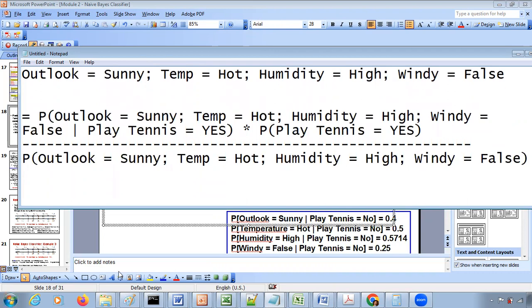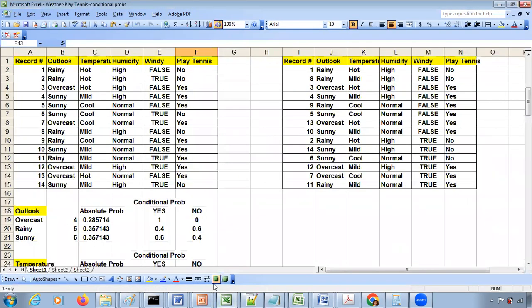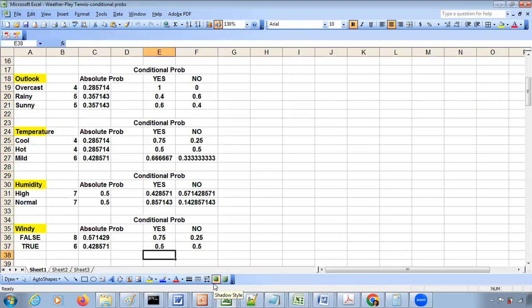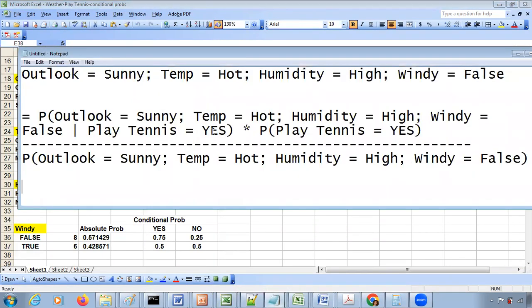So we have to look into these tables now, the conditional probability tables.